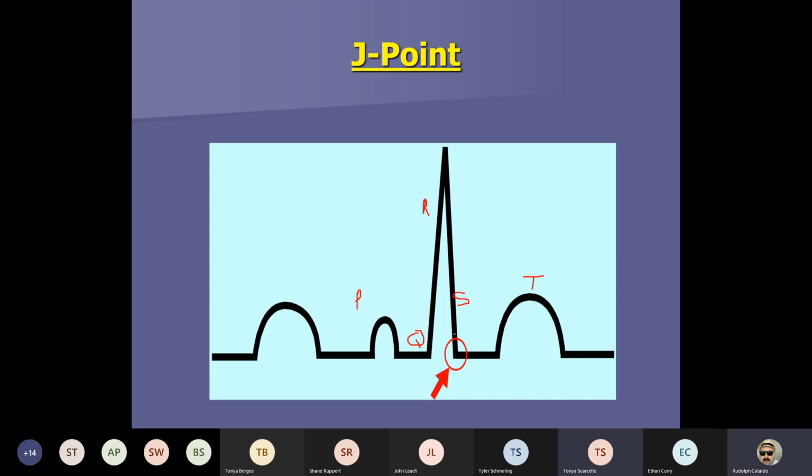Why a J point is important is because that's where we look for elevation. That is the point that we look at for elevation, no matter what lead we're looking at. That point is always going to be the same. And what we're looking for is elevation throughout this ST segment. Hence the term ST elevation, if you ever heard that, or STE.